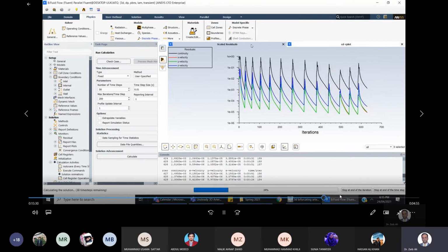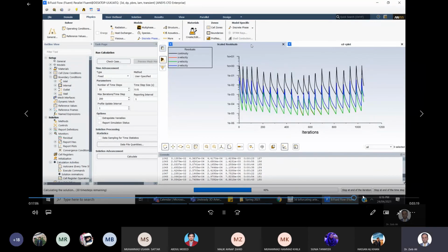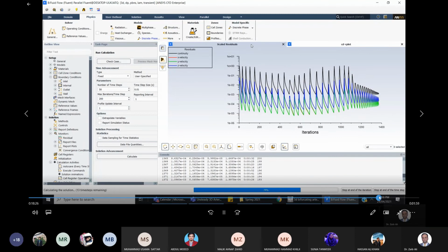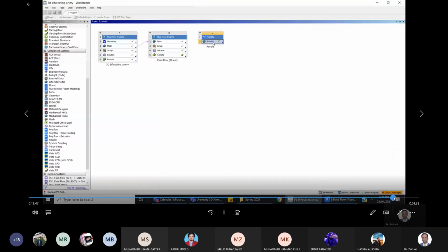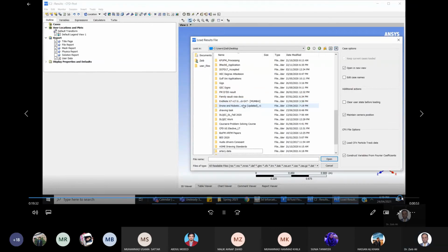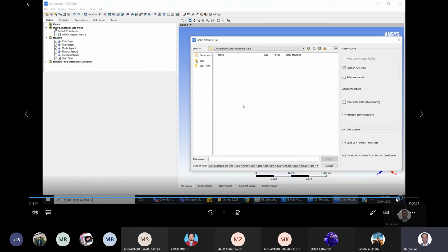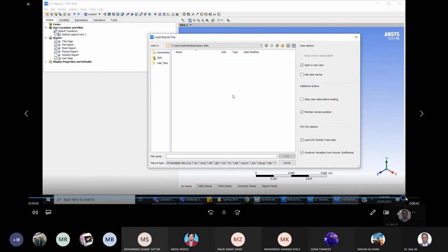Okay, so once this unsteady flow simulation starts, then when you go for the results, this particle injection data you need to first store, and then you need to upload it in order to visualize those particles. So you can follow it later.